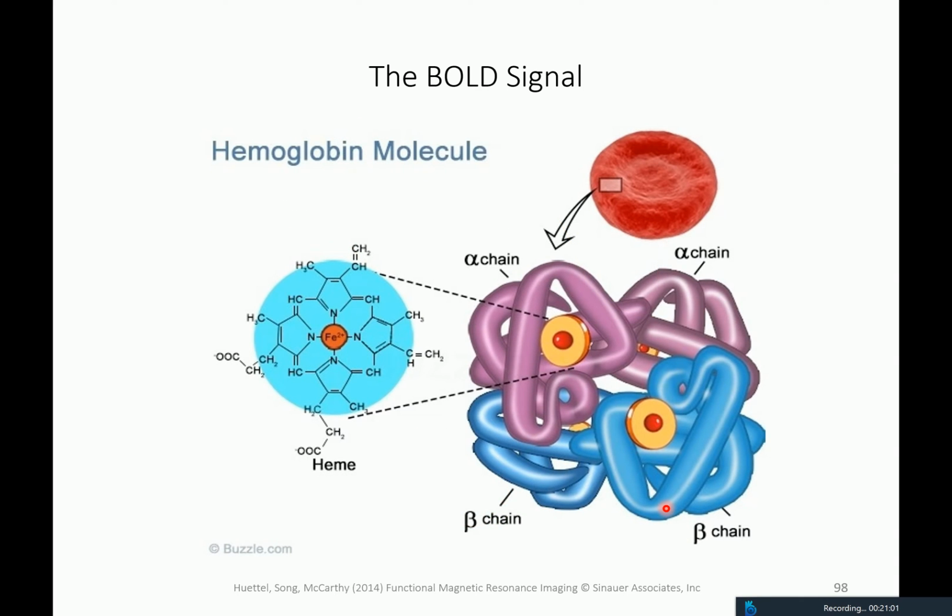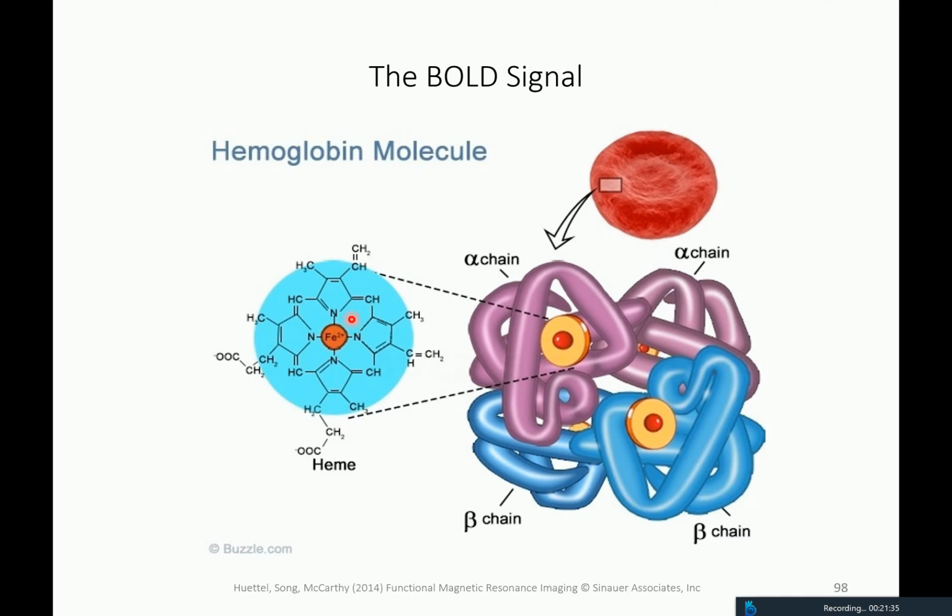Now zooming in even further, these are erythrocytes. Within the erythrocytes you have hemoglobin, and hemoglobin is a molecule which consists of 4 chains, chain meaning chain of amino acids that make up proteins. So there are these 2 alpha chains and 2 beta chains, not really important. What they also comprise are, I think, 4 heme units, which are molecules that contain iron and can bind oxygen.